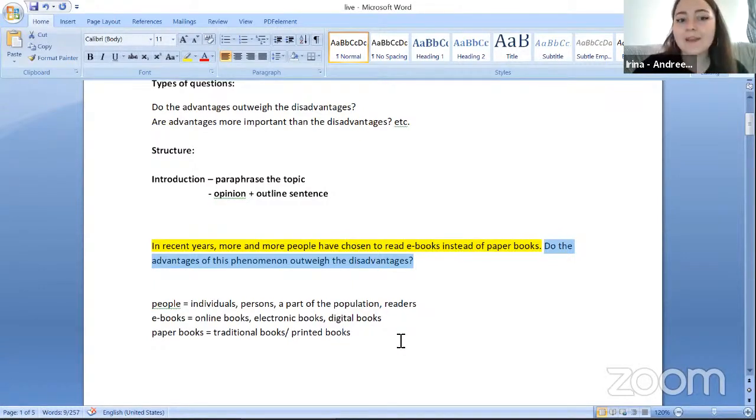Here we should also find synonyms, so we don't repeat the words advantages, disadvantages, outweigh. If possible, let's try to replace these as well. Let's find some synonyms for advantages.